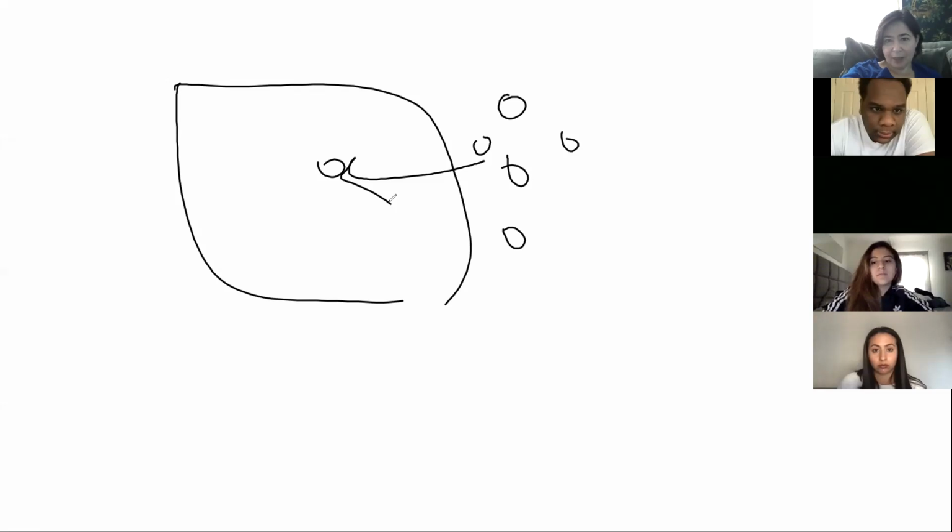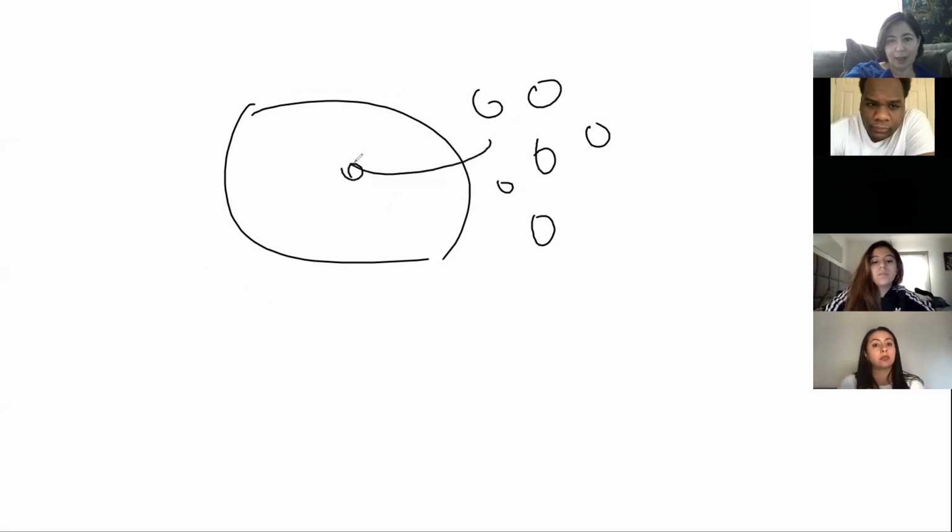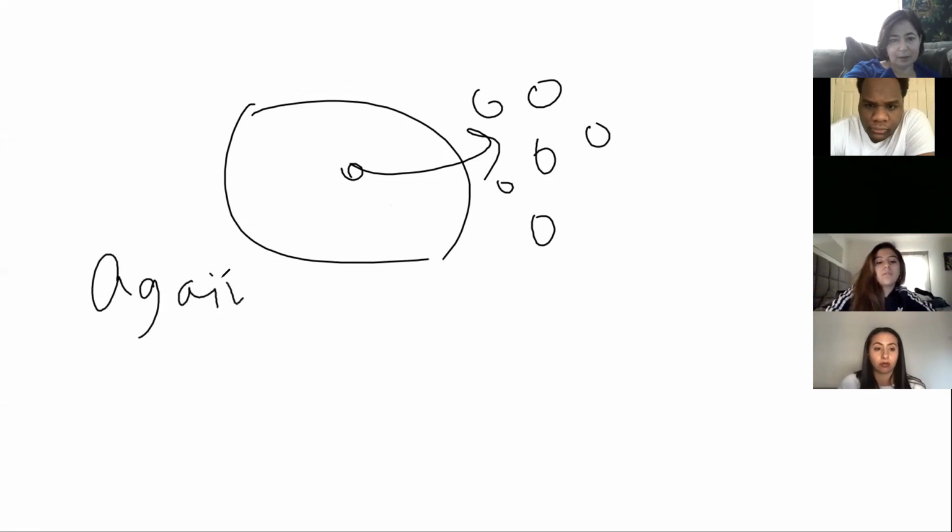And what if you have the same thing exactly, but the cell, instead of taking in, wants to take it out? This is against the concentration gradient.